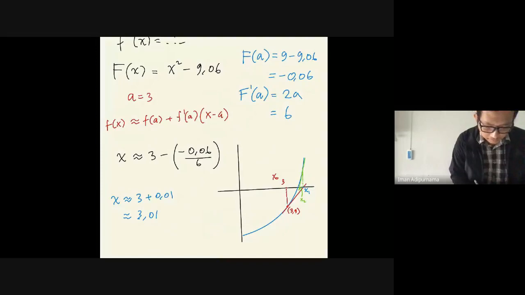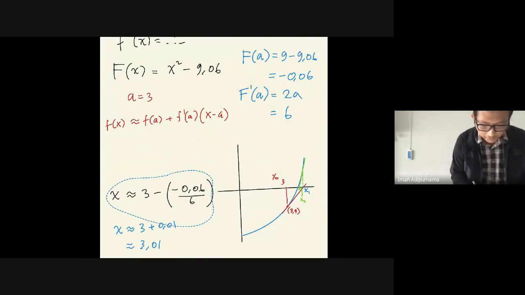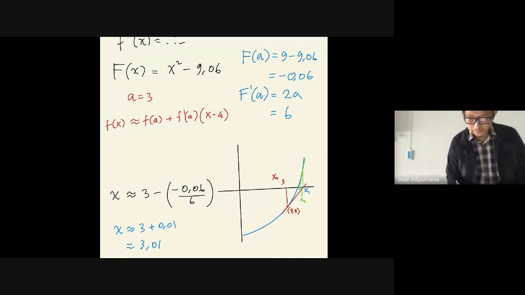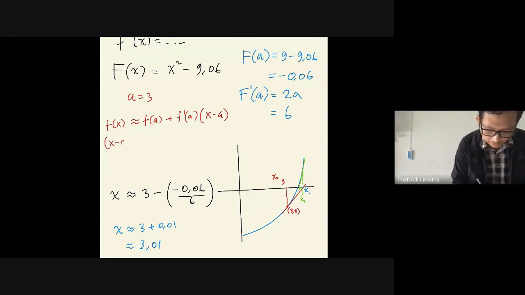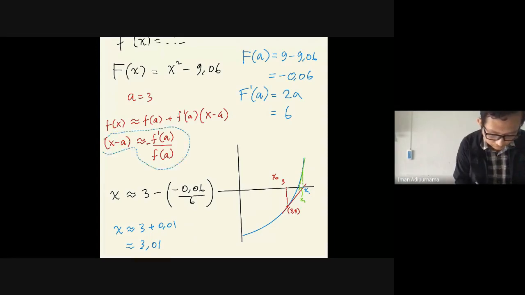Or let me write, to make it clearer, x minus a, so this is when the f(x) is 0.